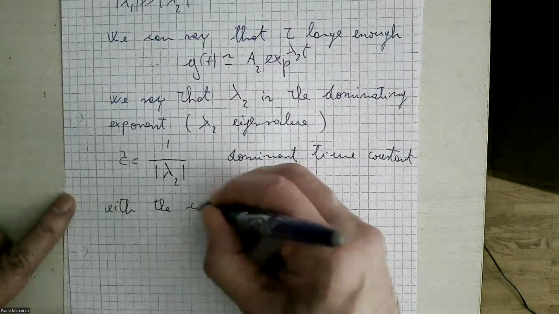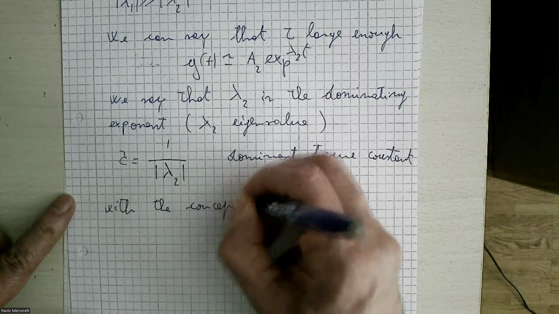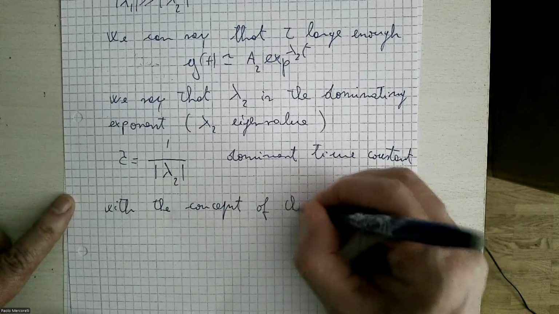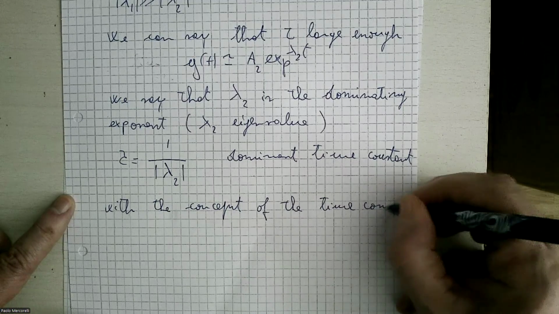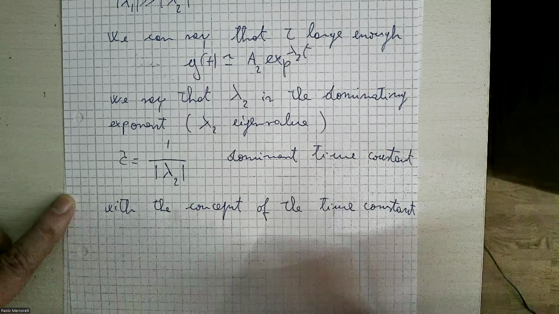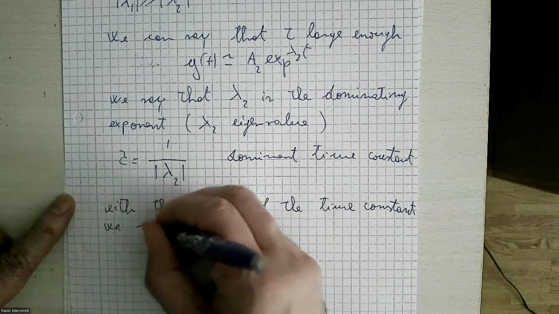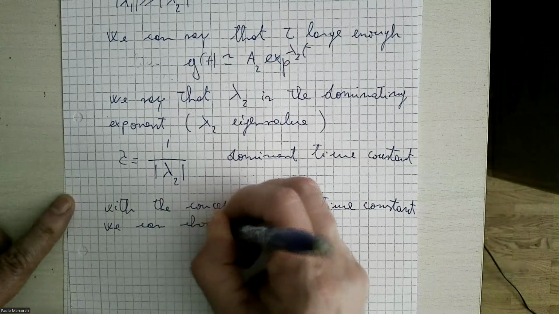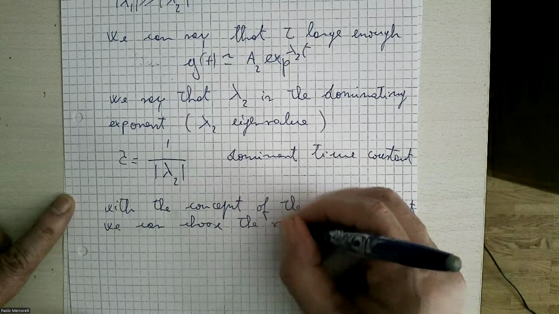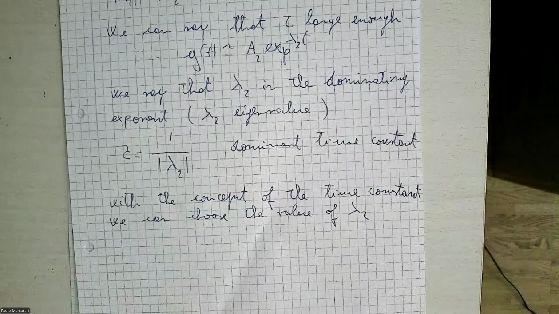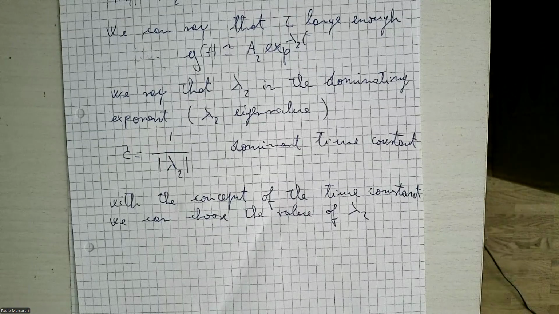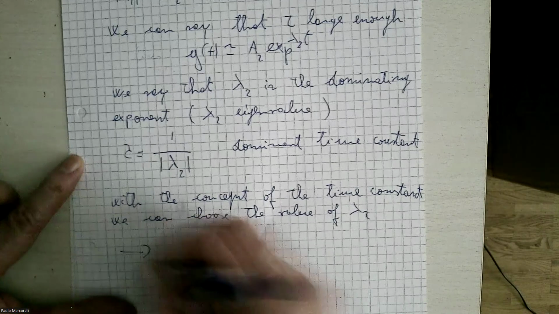With the concept, we can choose the value of lambda 2. Of course, we also have lambda 1. Theoretically, we have to consider this one too, but approximately, and then with the computer, we can adjust the value.